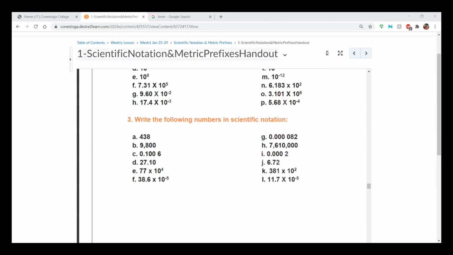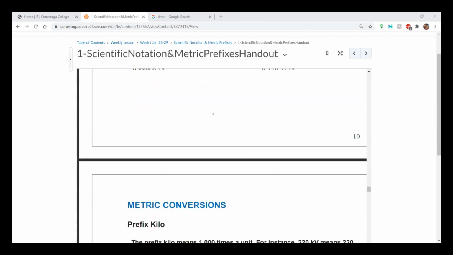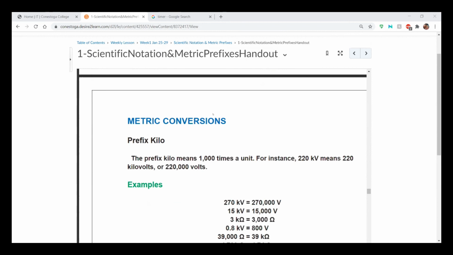Now that we have covered this, let's jump into metric prefixes. First, in order to do metric conversions, it's very important that we understand all the different prefixes that we have for all these different metric conversions. And all this is based on what is called engineering notation.